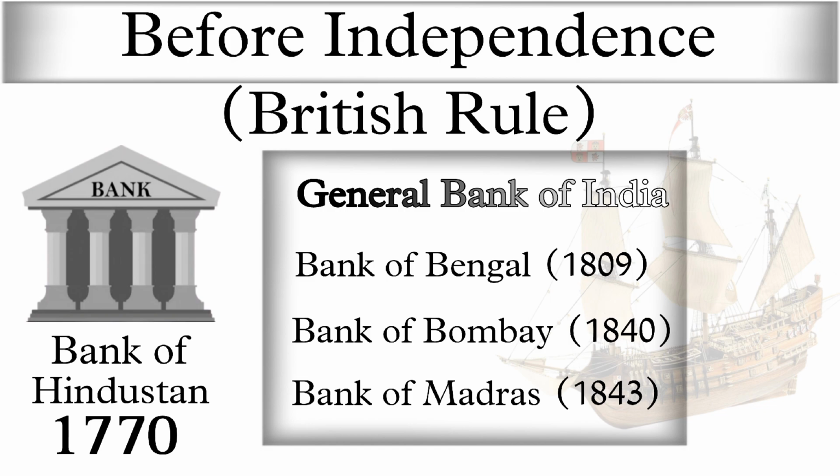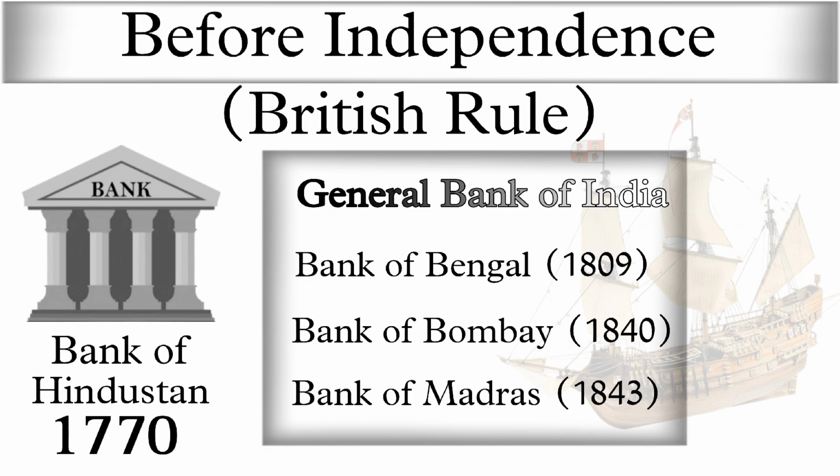The Bank of Bengal was followed by the establishment of the Bank of Bombay in 1840 and the Bank of Madras in 1843. During this period, the banking system in India was primarily controlled by the British, and banks were established to serve their interests.